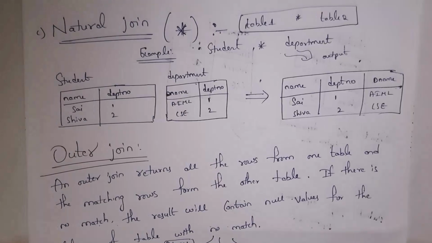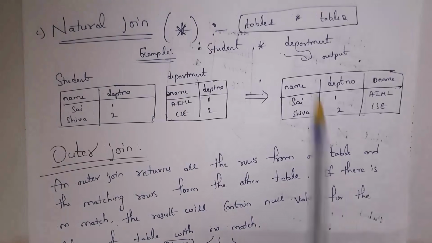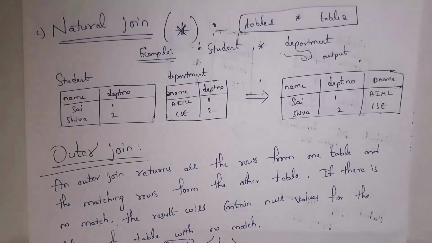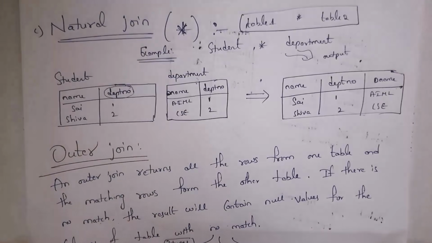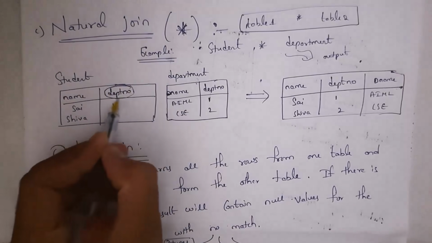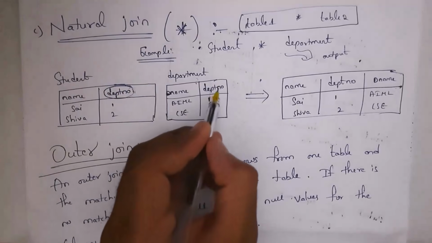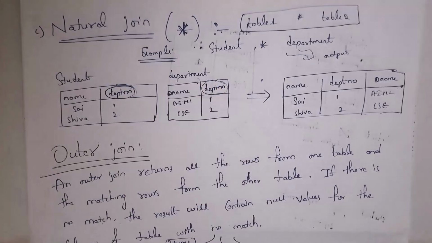For natural join operation we need to use the star symbol. So Table 1 star Table 2. Guys, if you want to perform natural join operation, then definitely there must be common columns in the 2 tables. If you see the student table, there is a department number column, and similarly in the department table there is a department number column. So there must be common column names and similarly common values.